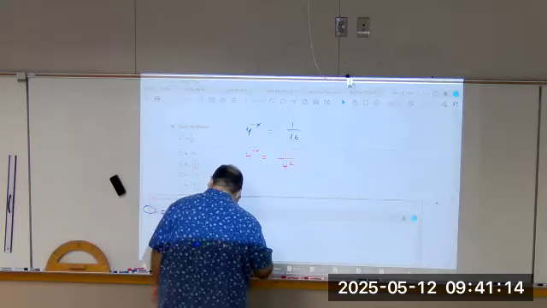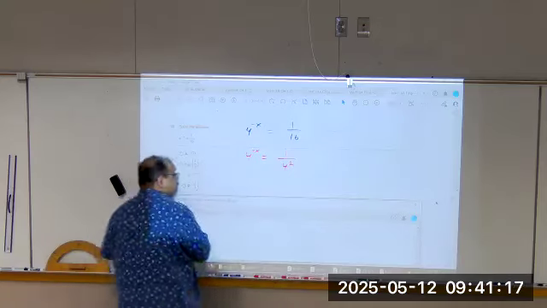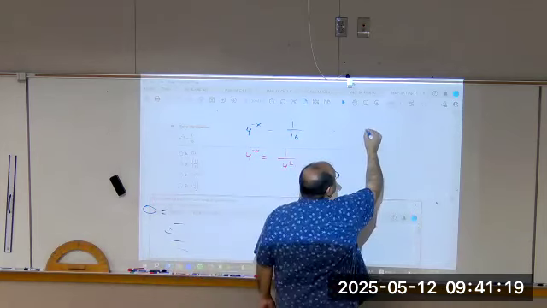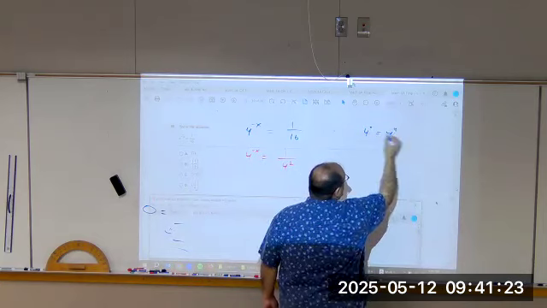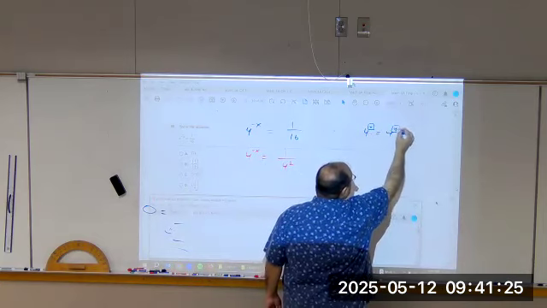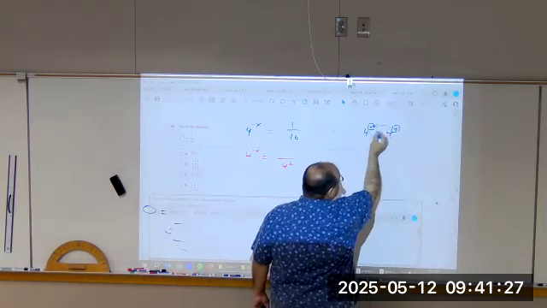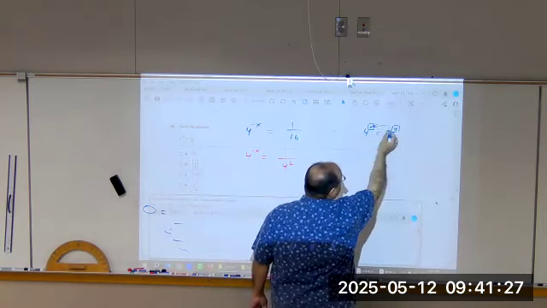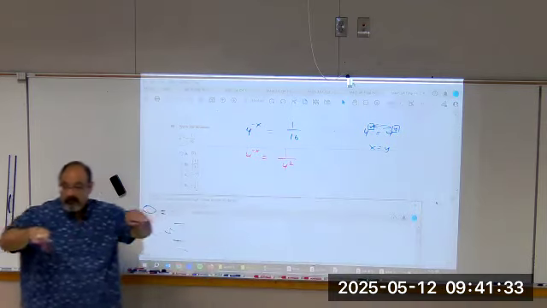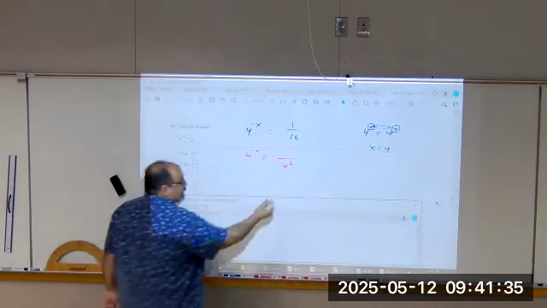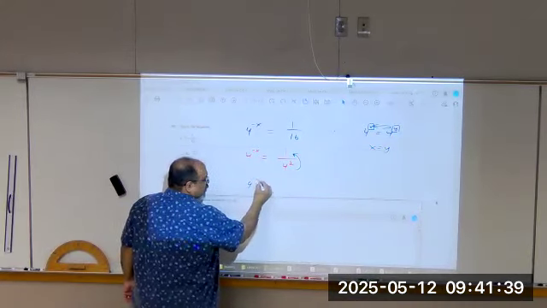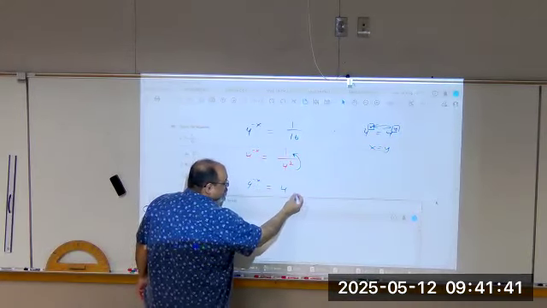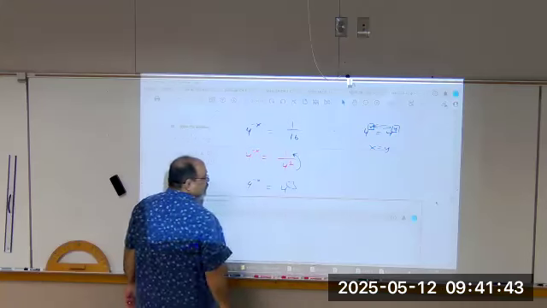Now, it's not ready yet, because it doesn't work unless I have 4 to the x equals 4 to the y, where the x and y can now be written equal to each other. So the 4's have to be both in the numerator. So I need this one to go up here so I can have 4 to the negative x equal 4 to the something.